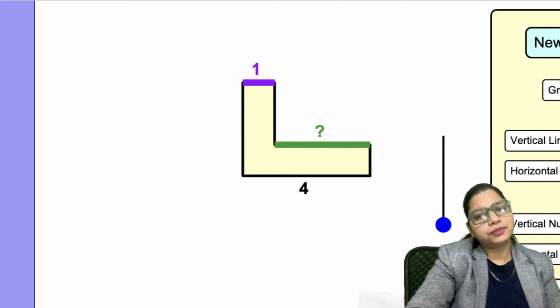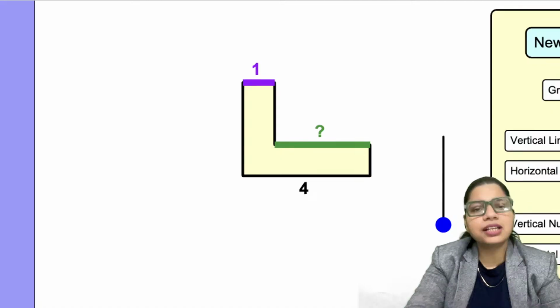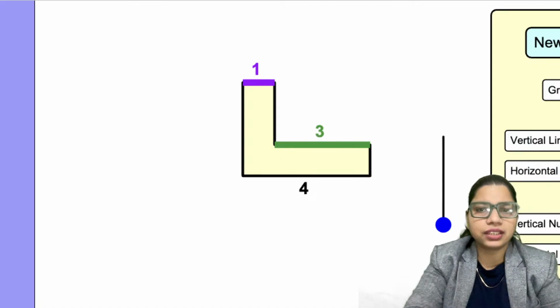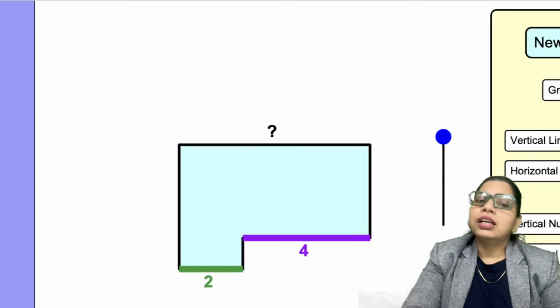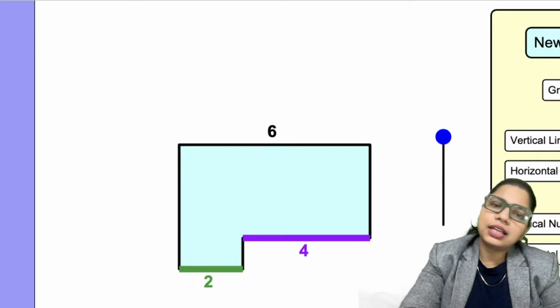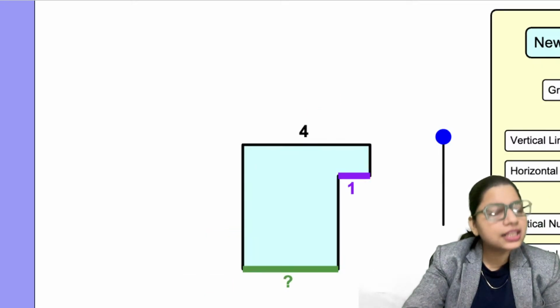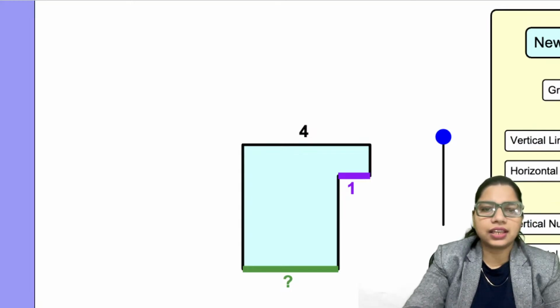Think and tell. It would be 3, yeah, because you will be subtracting this time. Add the given numbers, that is 6. That's correct. Add the given numbers, that's 5. Here, subtract, very good, 3.